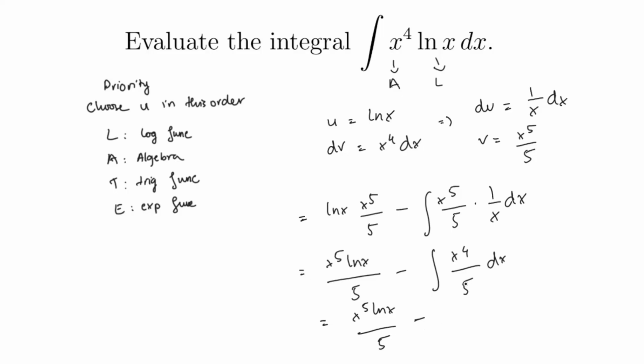The antiderivative of x to the 4 is x to the fifth over 5, so this equals x to the 5 natural log of x over 5 minus x to the fifth over 25, since 5 multiplied by 5 is 25, plus C. So this is the integral of this function.